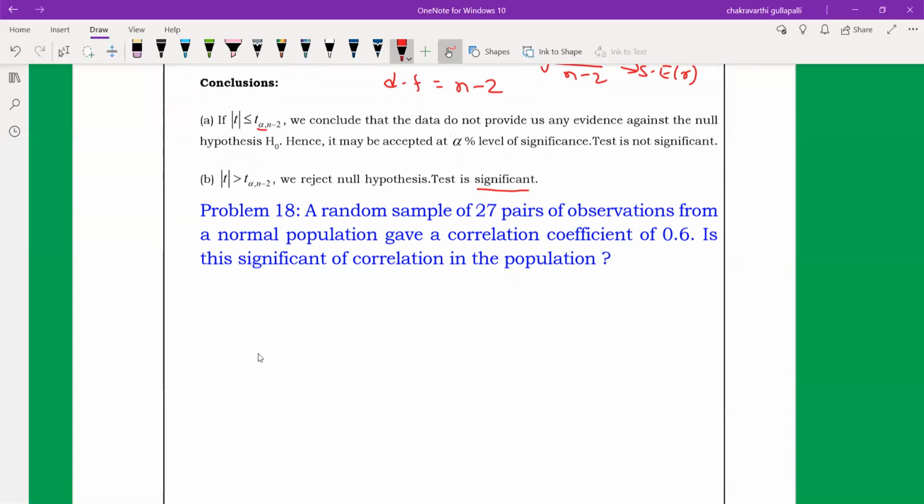It is a direct question in nationwide universities. First of all, set up the null hypothesis. H naught: rho is equal to 0.